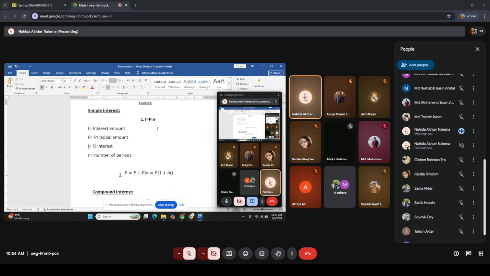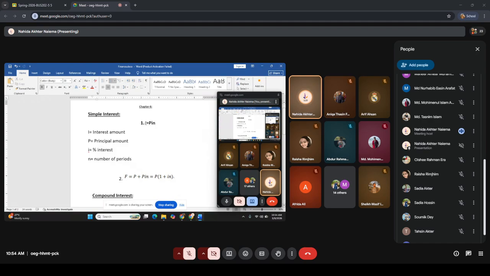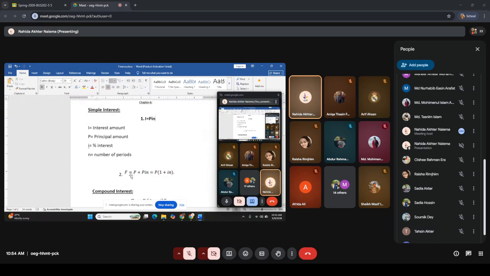Now, we have two formulas for simple interest. One is interest amount is equal to your principal amount times percentage of interest times number of periods. Please take notes of these formulas. You will need them very soon. The second one is F equals P times (1 plus IN).